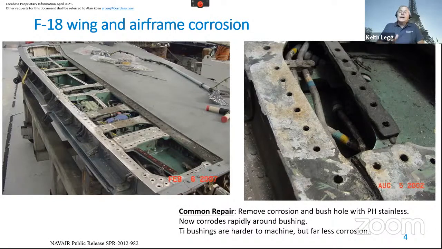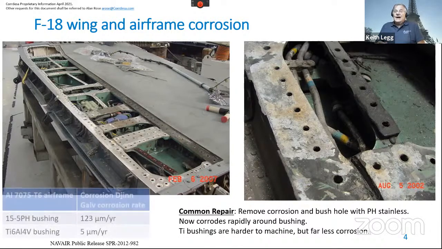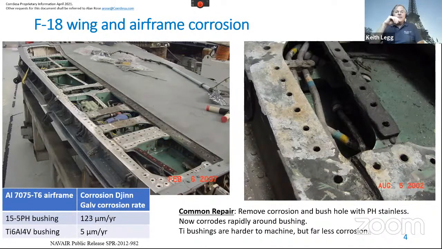Now imagine drilling each one of those out and putting a bushing in it, and that is what they have to do. But the guys in the depot, they hate titanium. It's a real pain to machine. But we got plenty of 15.5 hanging around. We use that instead. And of course, the result is that you end up with an enormous amount of corrosion around those new bushings.